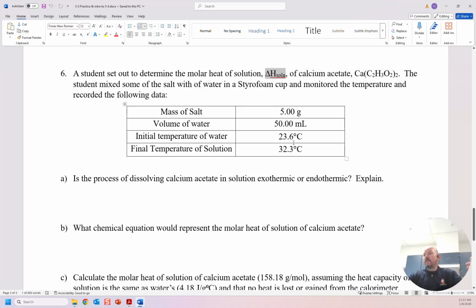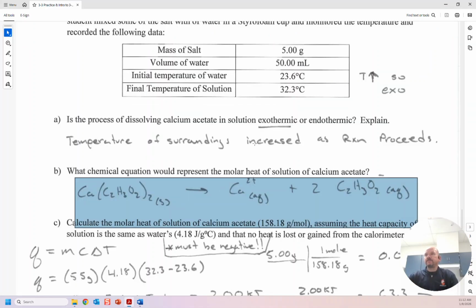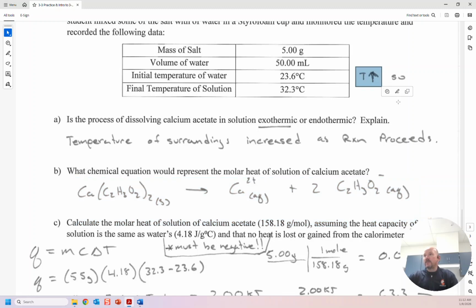How do I know? The temperature of the surroundings increased. If this number had been lower than this number, then when I'm reporting the delta H of solution, it would be a positive value. Energy was absorbed as the salt dissolved. In this case, energy was released as the salt dissolved. Okay, so that answers that first question. Is the dissolving of calcium acetate exothermic or endothermic? Well, we saw that the temperature increased, so it's exothermic.